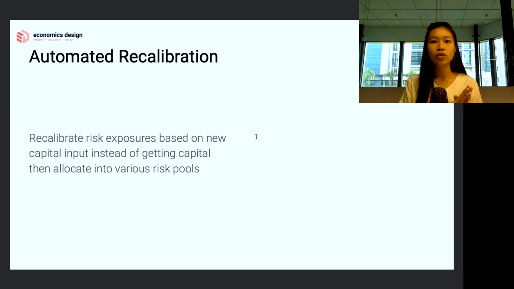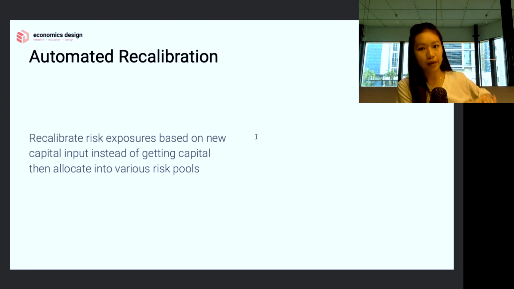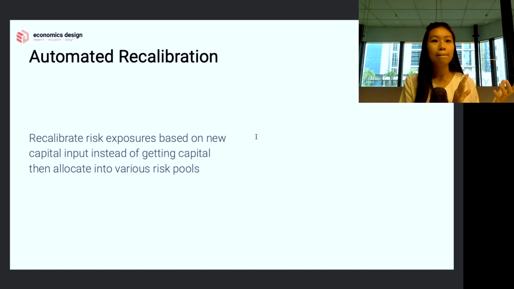So one of the problems in traditional finance is when all these CDOs and CLOs and CDOs of CDOs of CDOs are being created, or these bond products are being created, we're not calculating the risk exposure very well. And even if we can calculate them, we're not recalibrating them according to the kind of risk exposure that we want in real terms, not nominal terms.